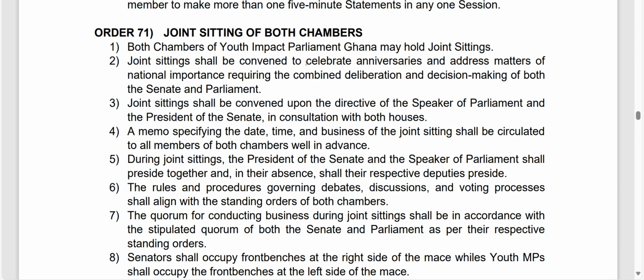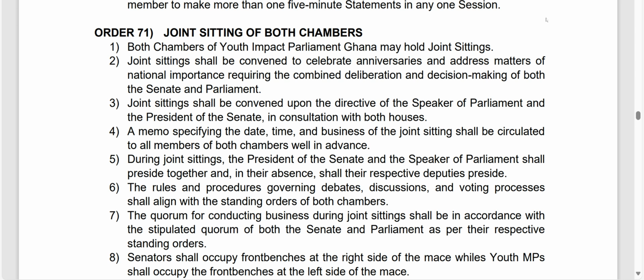Okay. Now, one of the additions that was relevant for the amendment due to our bicameral legislature is we needed Order 71 to make room for our joint sittings. Take note of this because in September we'll be having our first joint sitting. So, Order 71 of both chambers. Paragraph 1. Both chambers of Youth Impact Parliament, Ghana, may hold joint sittings. 2.